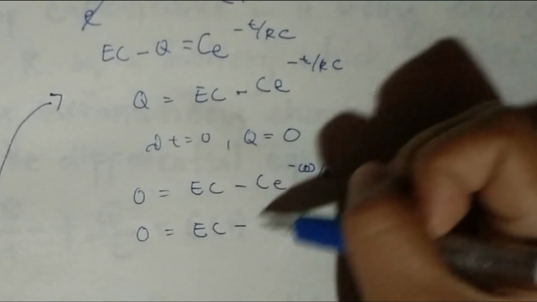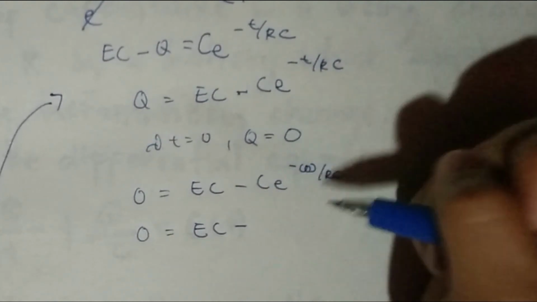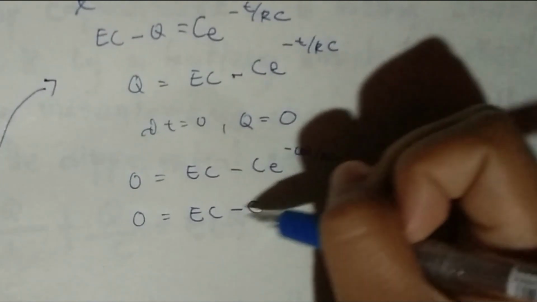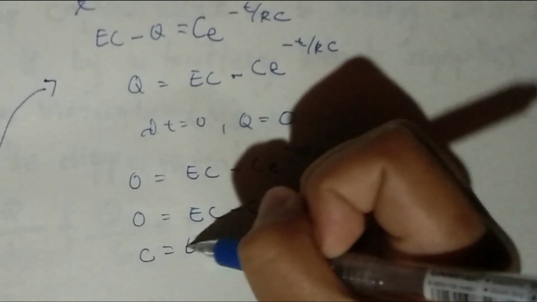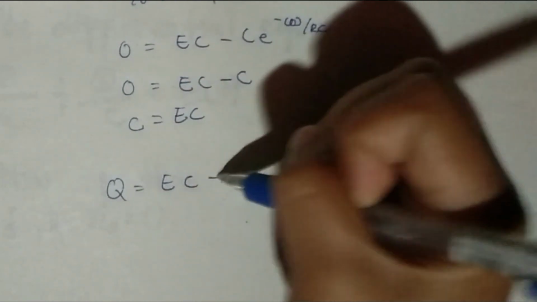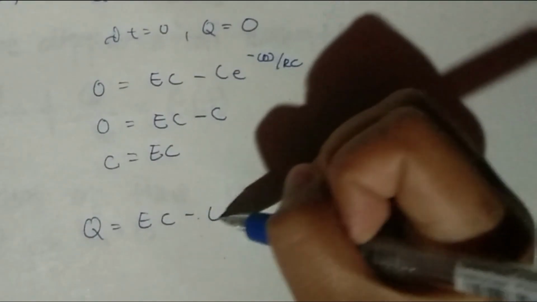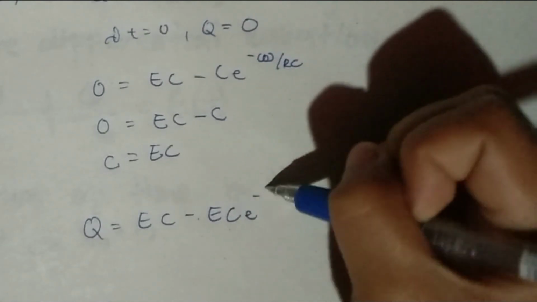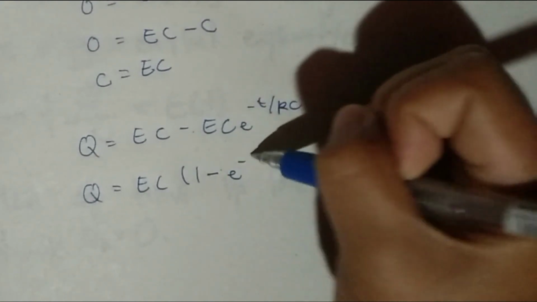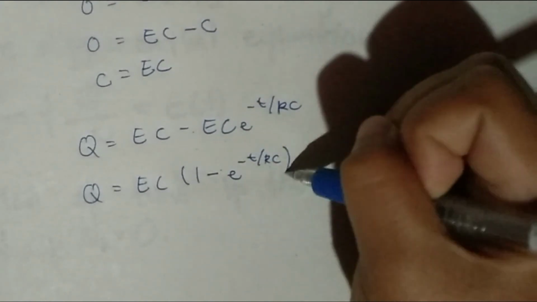So this means that c is equal to EC. So we have here now our final answer. That will be q is equal to EC minus EC e raised to negative t over RC. So we can simplify this by factoring EC. That would be q equals EC times (1 minus e raised to negative t over RC).